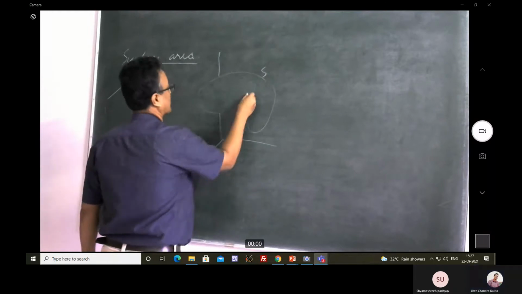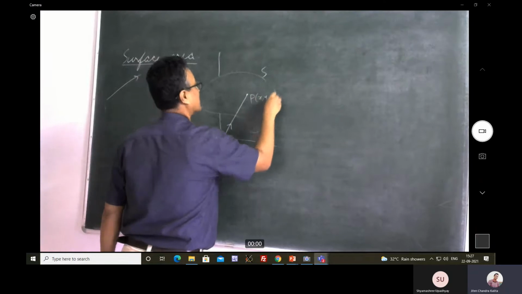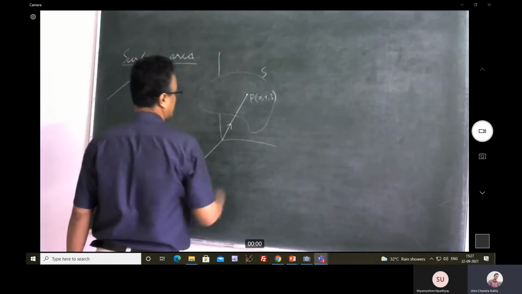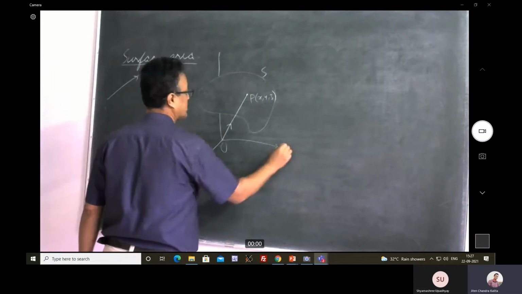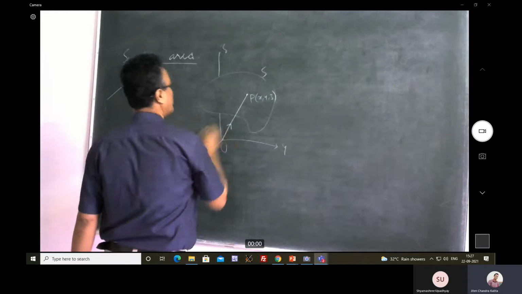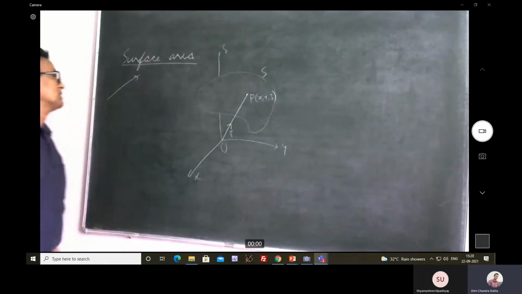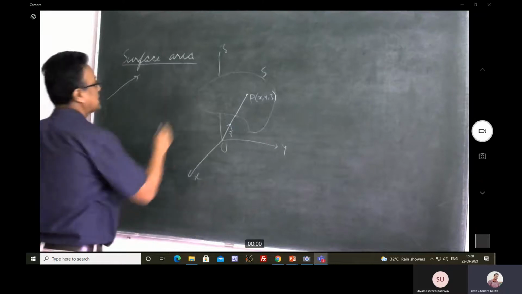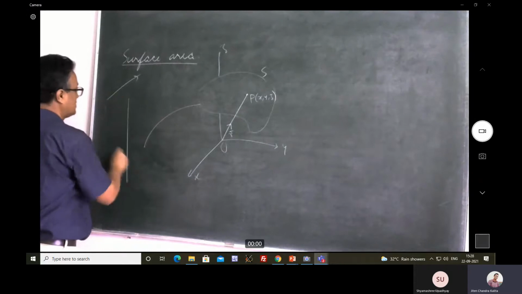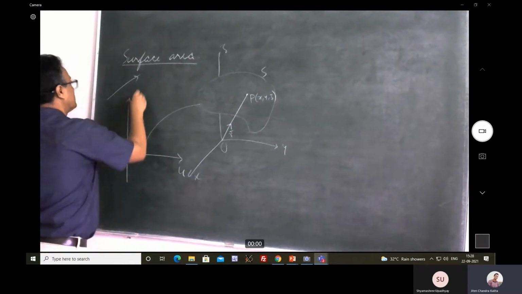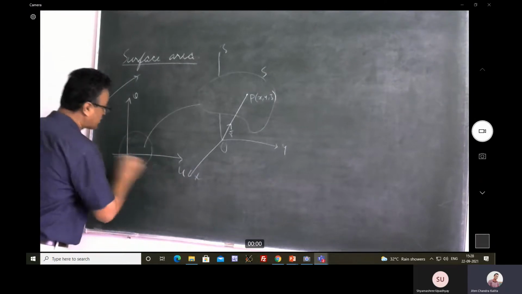So then, if I take a point on that surface, suppose I join that point with the origin, then this vector, let me call it R, can be described in terms of a transformation from some domain in R2 plane.